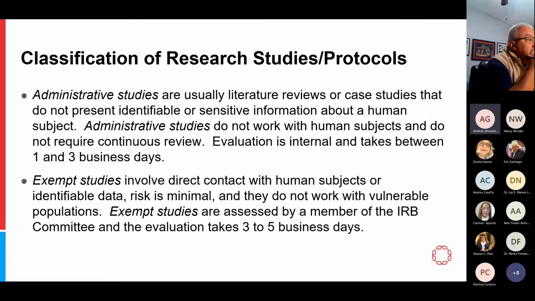Administrative studies also do not work with human subjects and do not require continuous review. Usually, these kinds of studies are evaluated internally, and it takes anything between 1 and 3 business days to complete that evaluation.